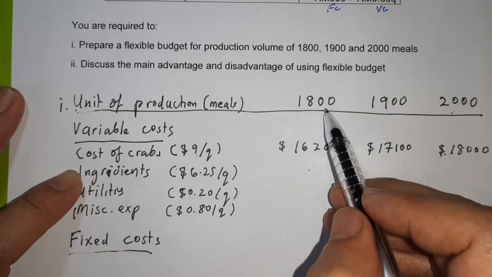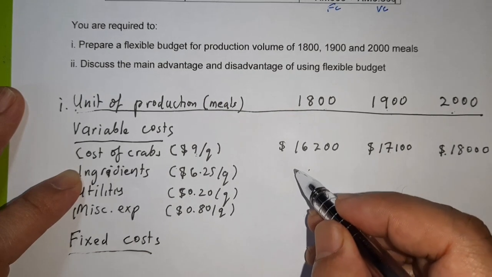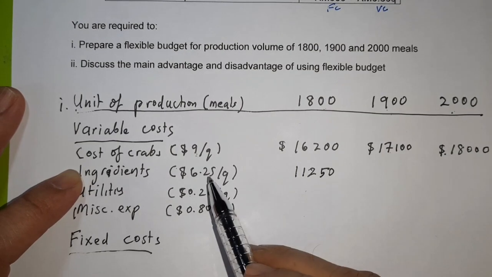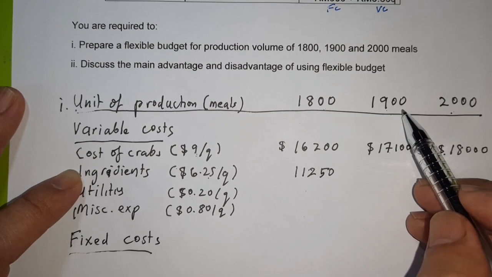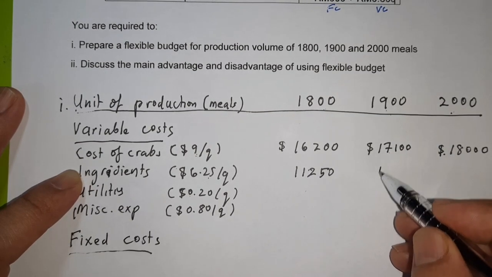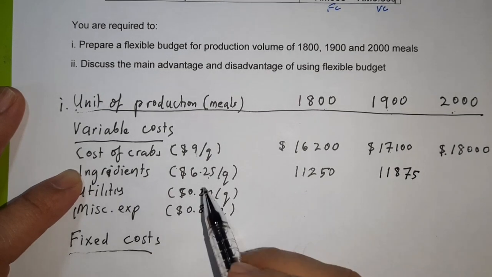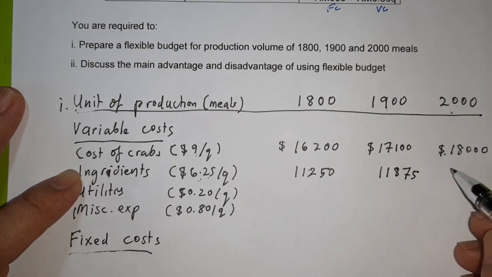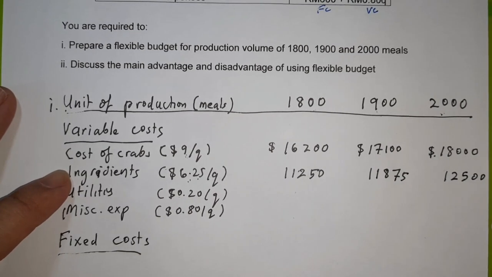For 1,800 meals, $6.25 times 1,800, the cost is $11,250. $6.25 times 1,900 units of production, the cost is $11,875. $6.25 times 2,000 units or 2,000 meals, the cost is $12,500.